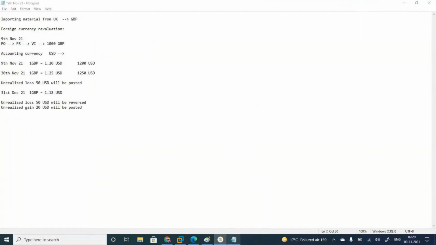Okay, fine. So here, suppose I still have not paid, because it is only 1.5 months. Now on 31st Jan 2022, the exchange rate is 1 GBP equal to, suppose, 1.15 US dollars. Then this $20, whatever it is, will be reversed.